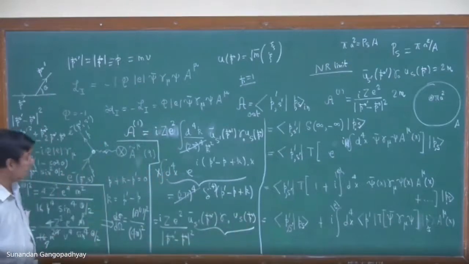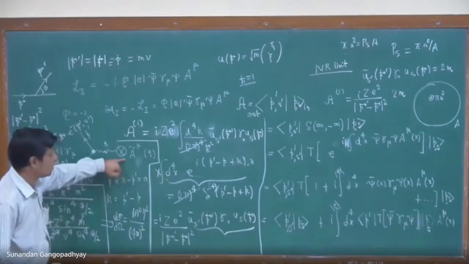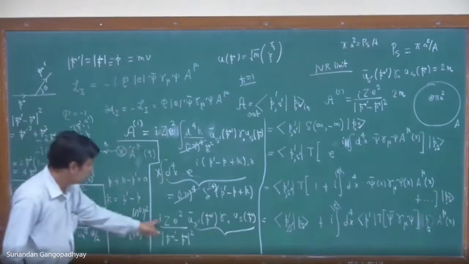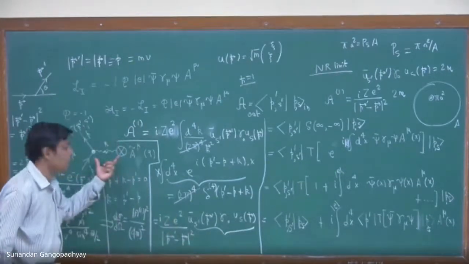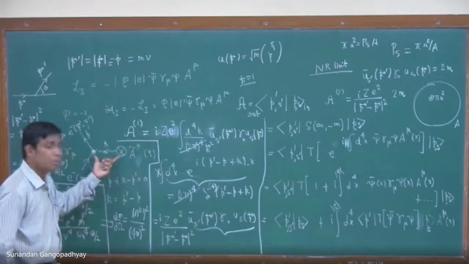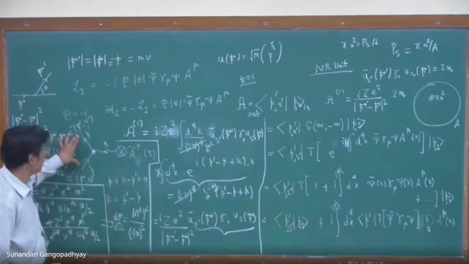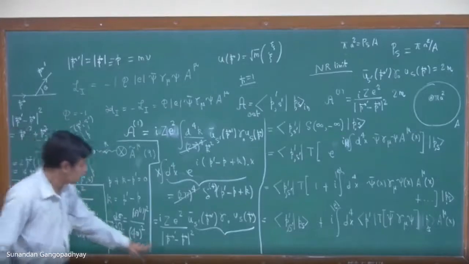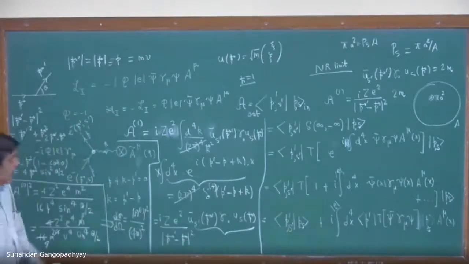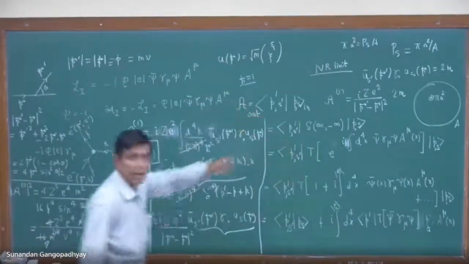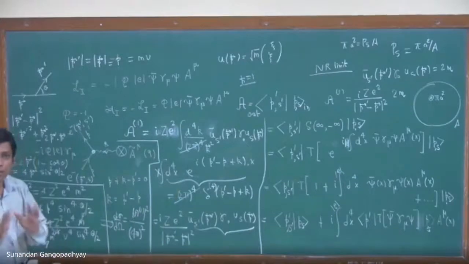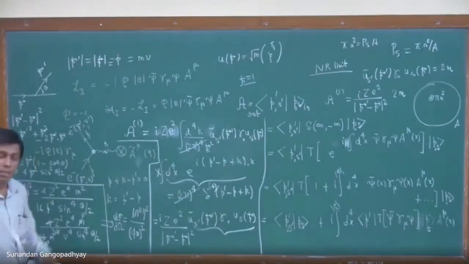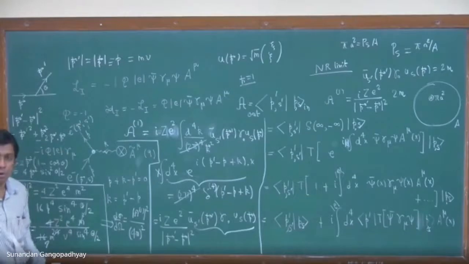You have put in the vertex, and for the classical potential, you have Z mod e by k square, which is this momentum, right? And this momentum is what? This momentum is basically the difference of the three-momenta of the outgoing electron and the incoming electron. So at one shot, without doing all these calculations, you could have written down what the scattering amplitude is just by using the Feynman rules that you already know.